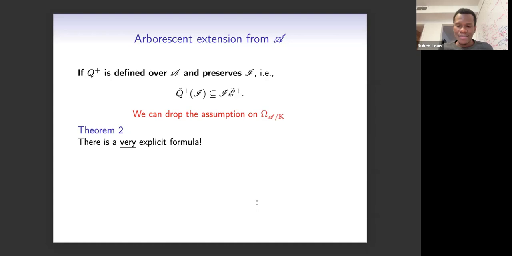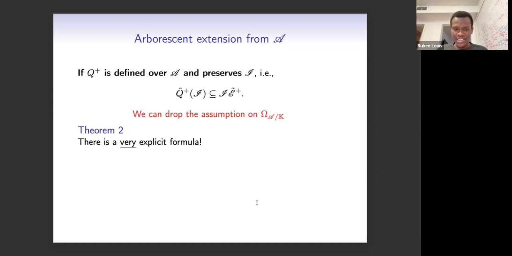But we already have this because Q plus is already defined on A, so we don't need to extend that derivation from A to E anymore. So we just need to continue the algorithm to compute beta or the other components. We don't need to care about that anymore. This already simplifies a great part of the computation. And the second theorem gives a more explicit formula for this Q, for the extension.